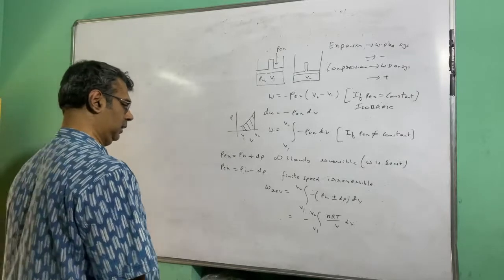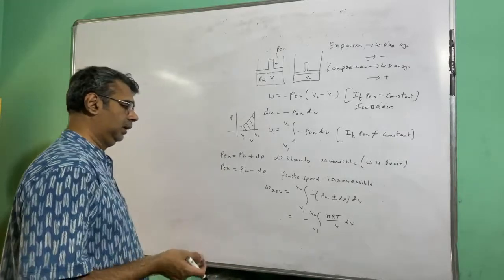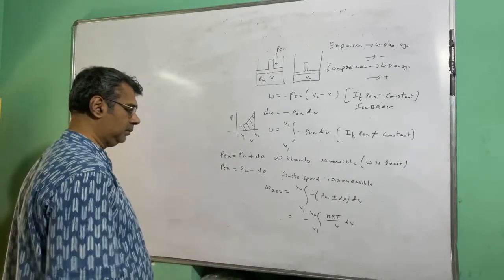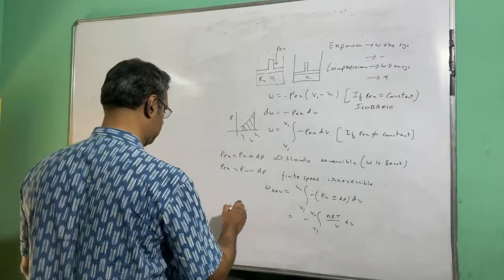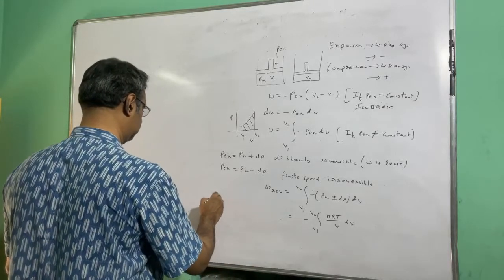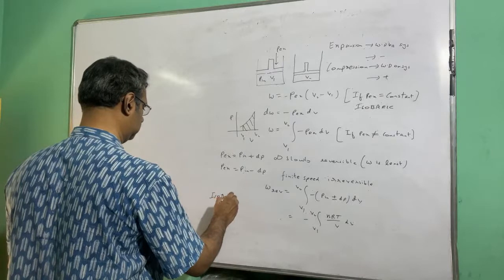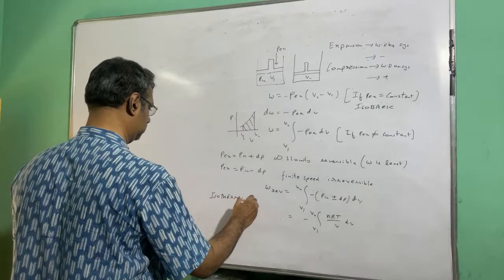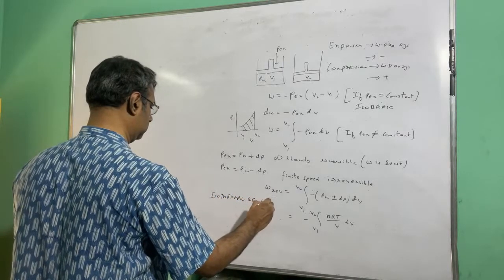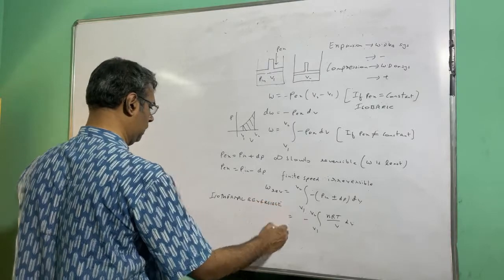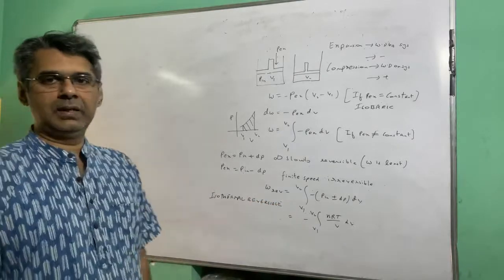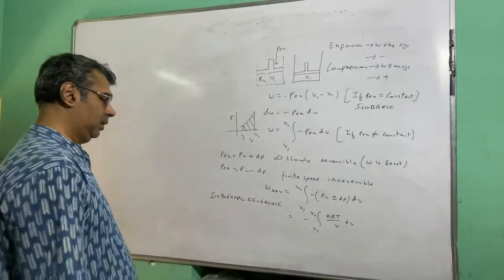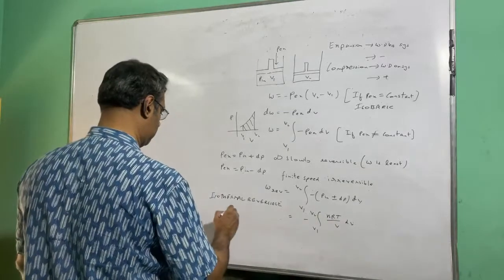Now let us say that the process is isothermal. So it is reversible and it is also isothermal. Then T will become constant.